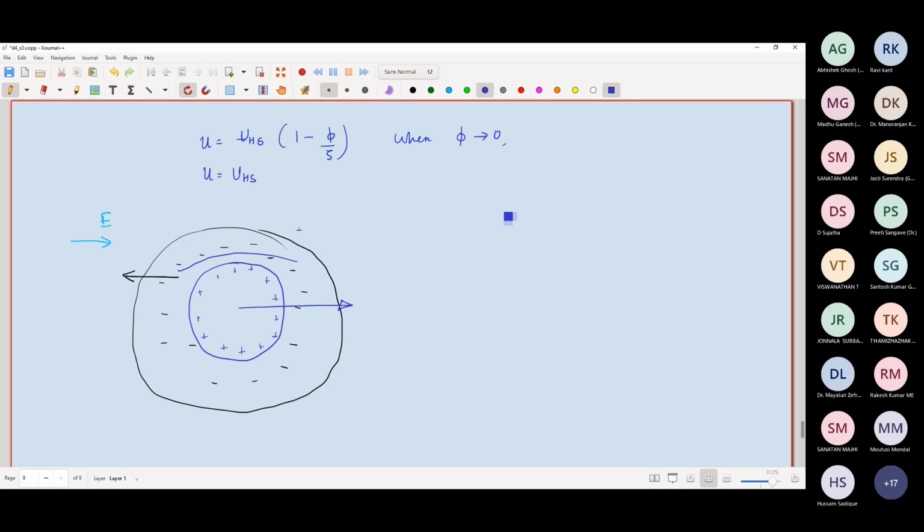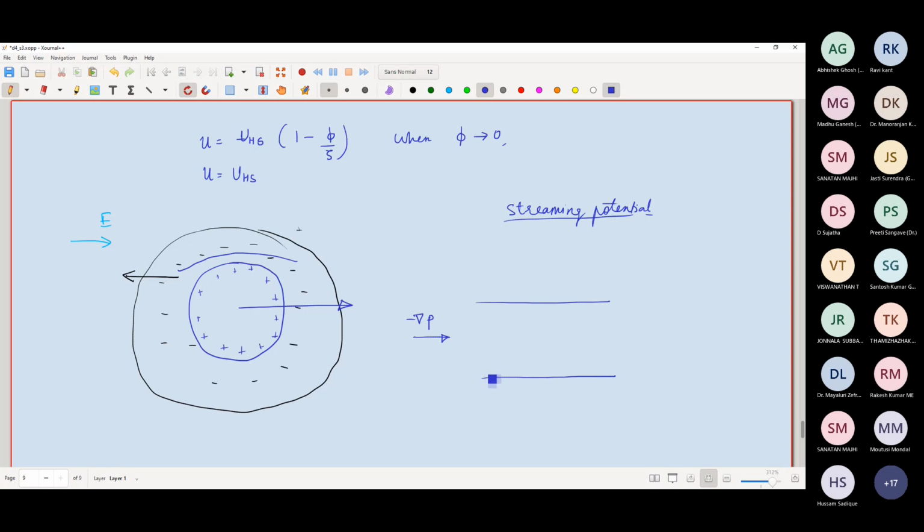Now let's go to streaming potential. Okay, so streaming potential means you have a channel like this, but you do not apply any electric field. The electric field is not applied, but there is a pressure gradient which drives the flow.